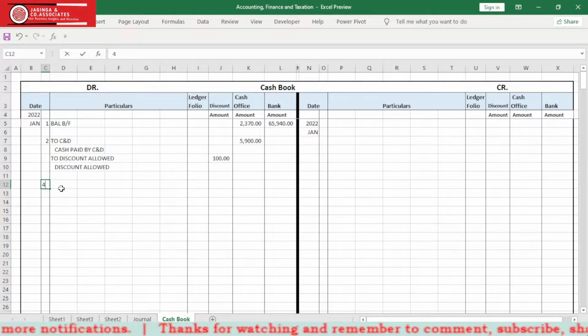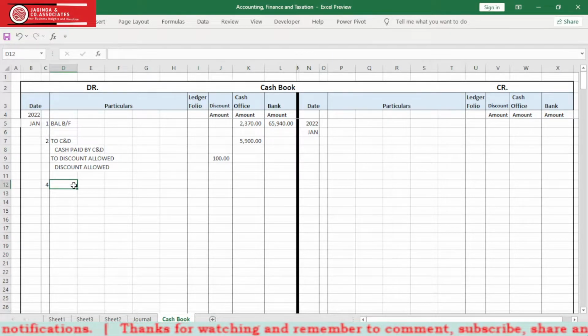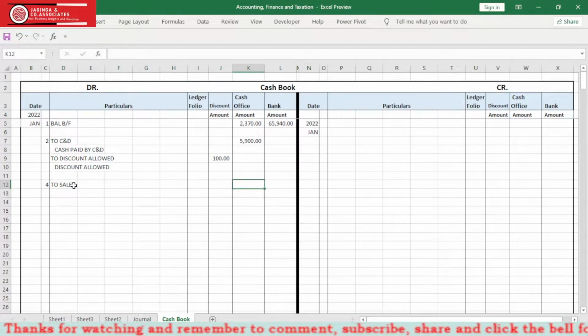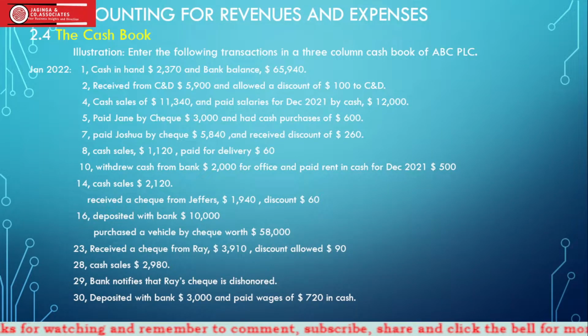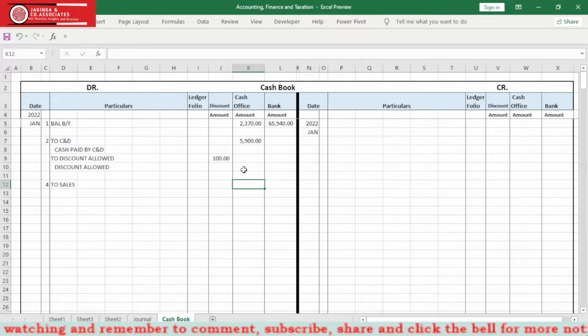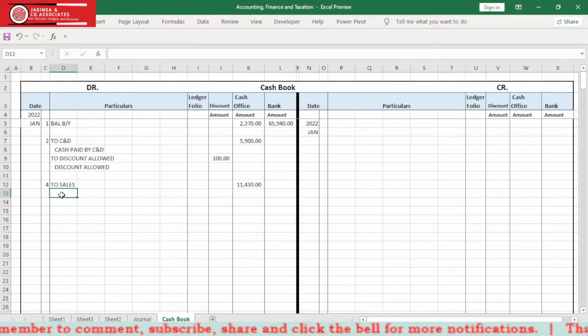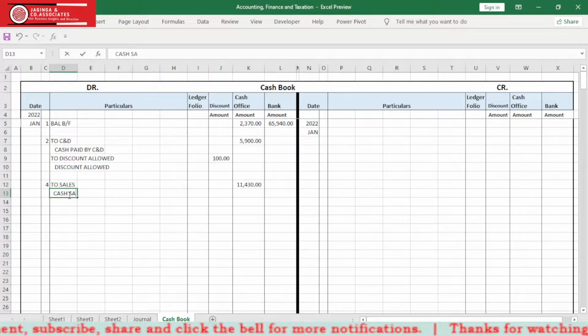So here we'll write 4th, to sales, cash sales of 11,340. Let's do the narration first: cash sales.